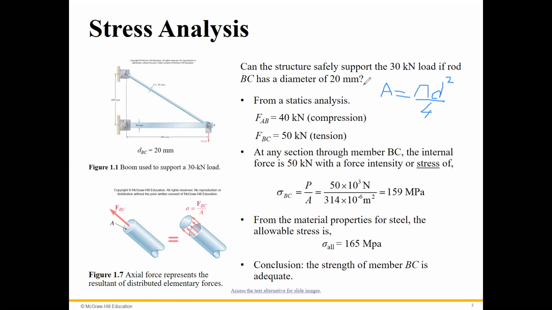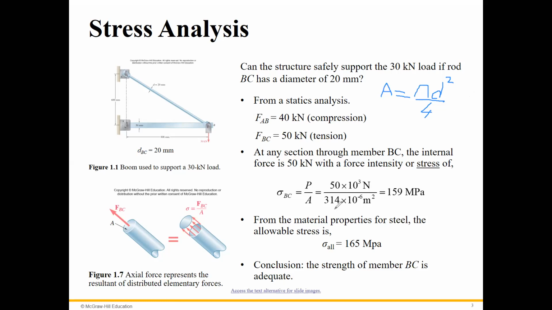D is 20 millimeters. It's up to you: you can use 20 millimeters, or maybe just divide the 20 by 1000 to convert to meters and put it there, and then you can find the answer.